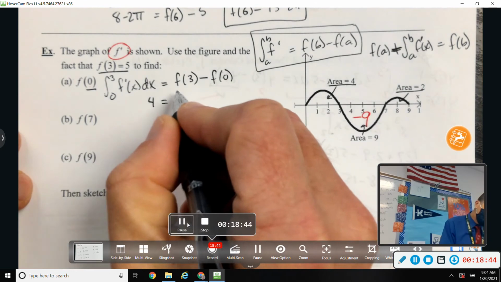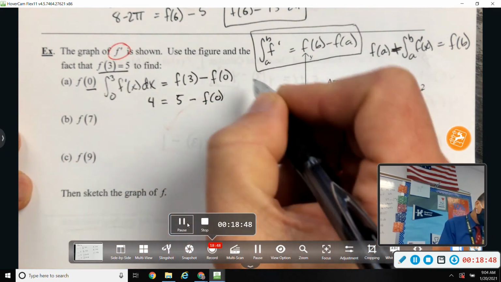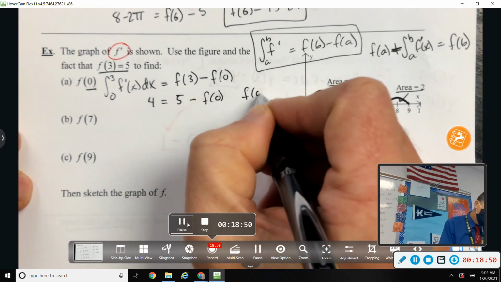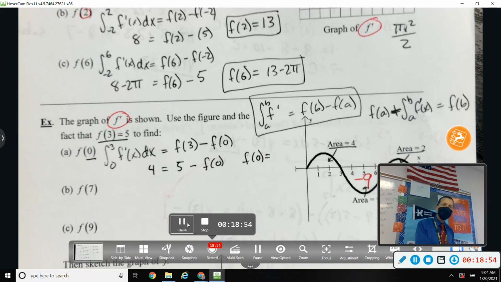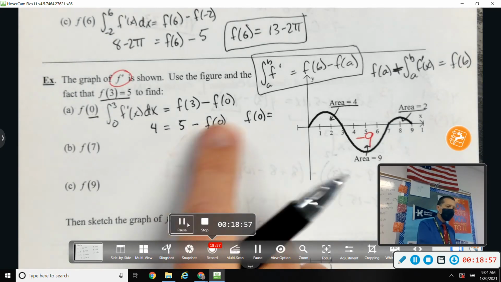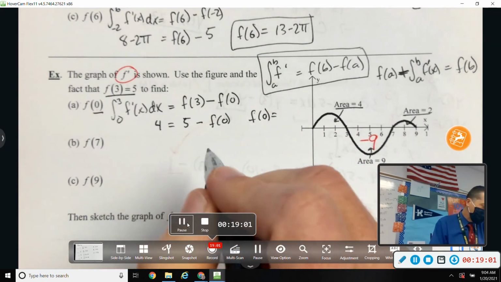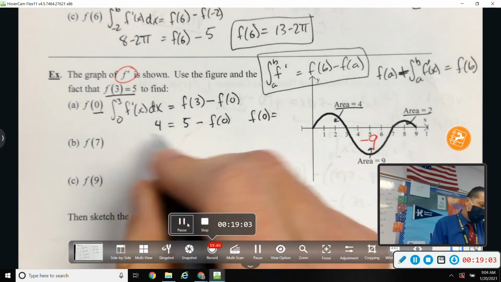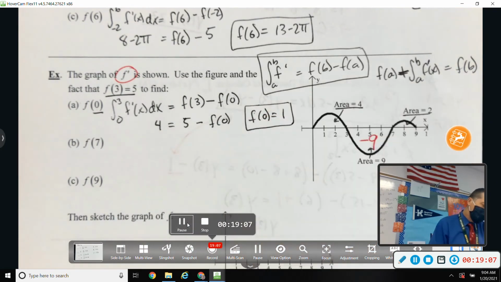F of 3 is 5 because they gave us that. F of 0. Well, algebraically this is a little bit different than the previous one because the f of 0 is in a different spot, but this is just moving things around. So I'll add f of 0 to the other side, subtract 4, and get 1.